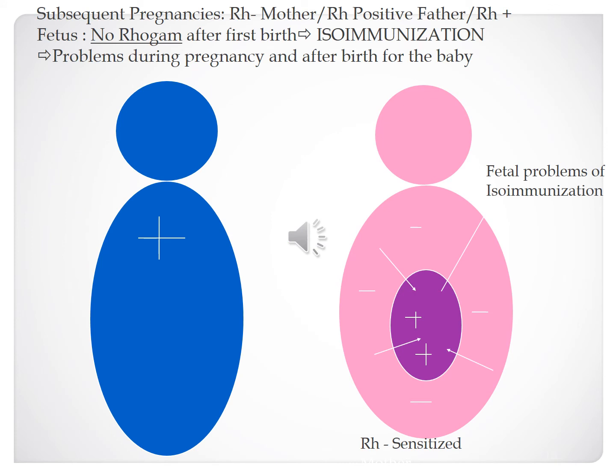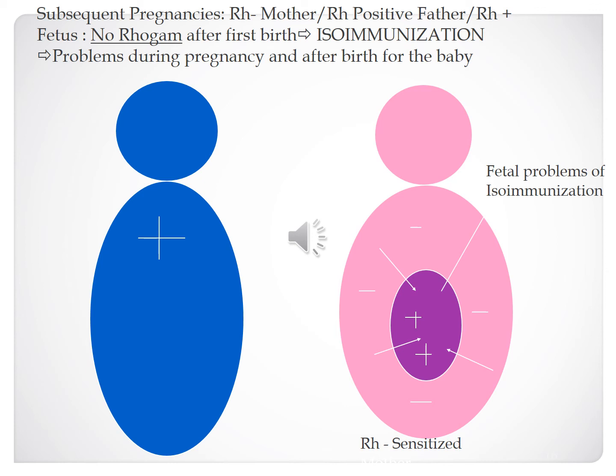So now this Rh negative mom and her partner, who is Rh positive, are pregnant for the second time. She did not receive Rhogam in the first pregnancy, and now she has isoimmunization.